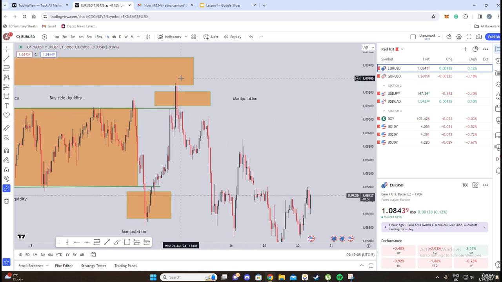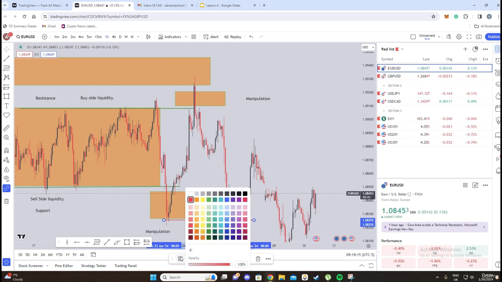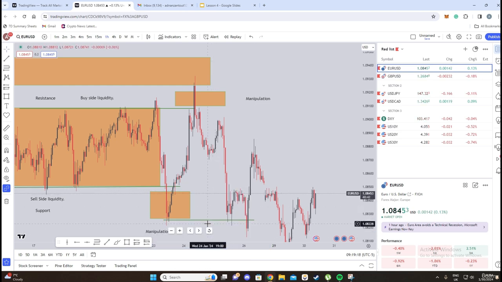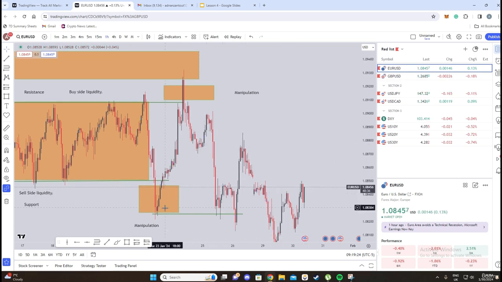Price is gonna go to the next logical area of interest. So it took out the buy side. Next thing we're looking for is taking out this sell side here. Am I right? Yes, I'm right. Sell side, sell stops. Right, so that would make our bias bearish because we're expecting price to take out this sell stop here.